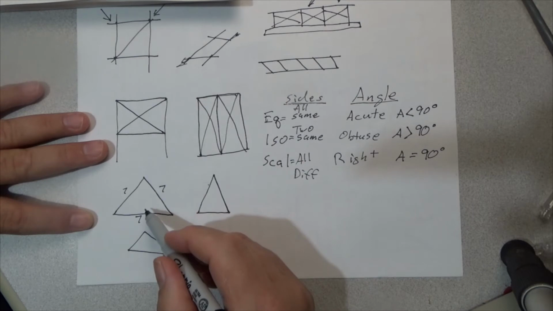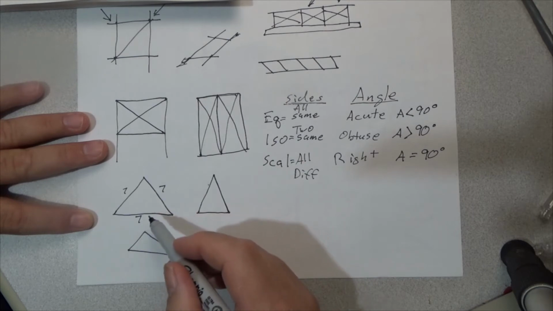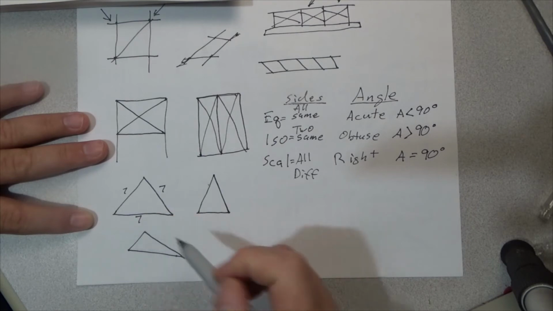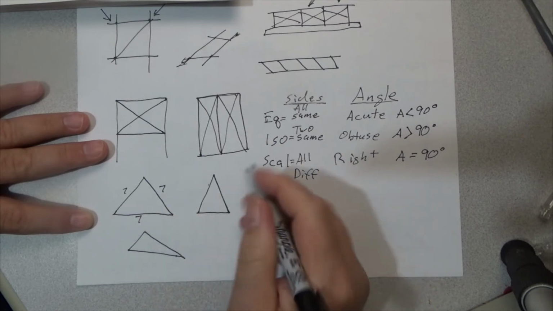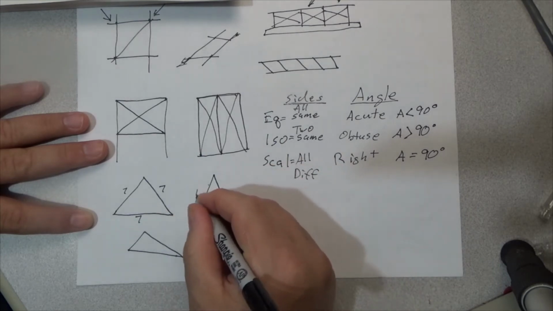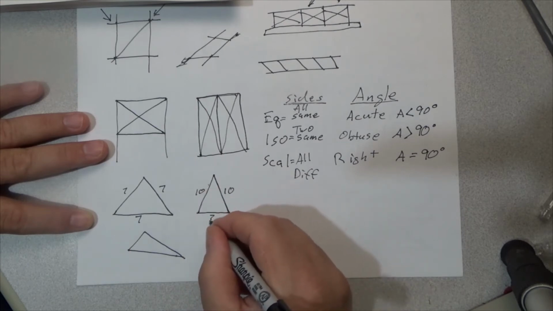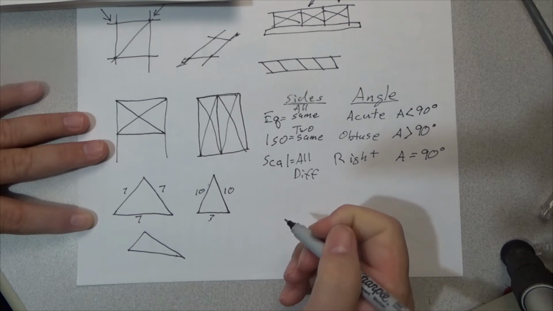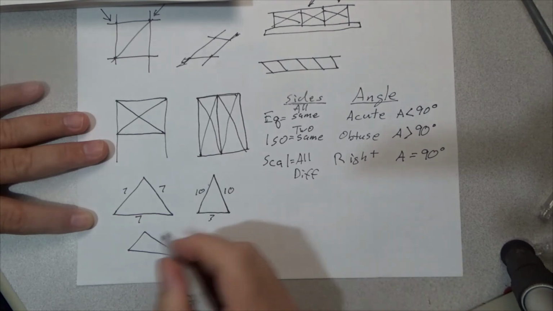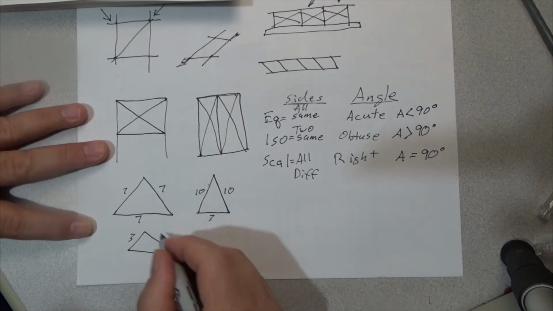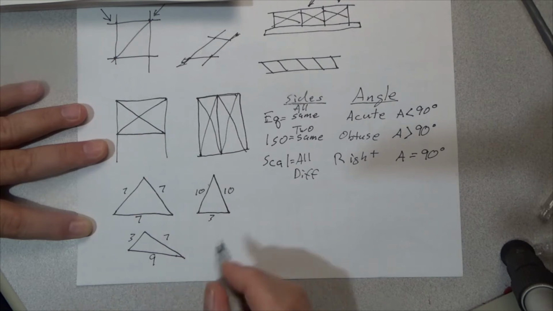So this is technically an isosceles triangle, but it's more specific because all of the sides are the same. So this isosceles triangle over here, this side might be 10, this one might be 10, and this one could be 3, something like that. And of course, on a scalene, you may have a side here like 3, this one could be 7, and this one could be 9, something like that.